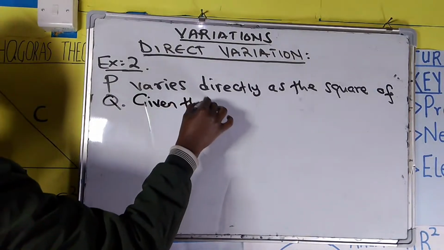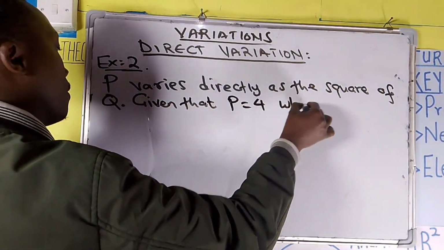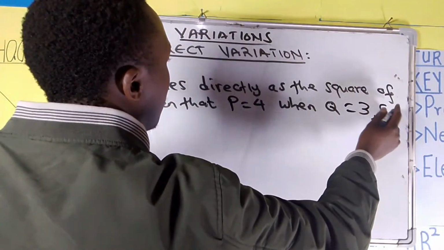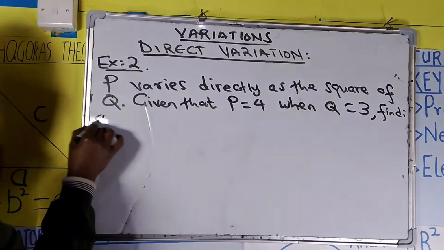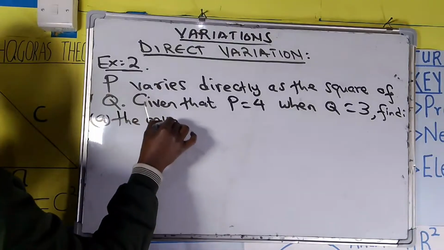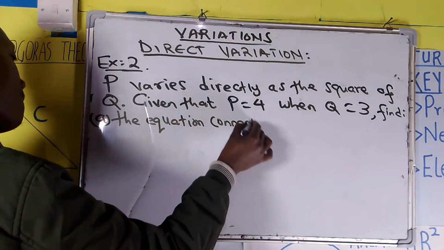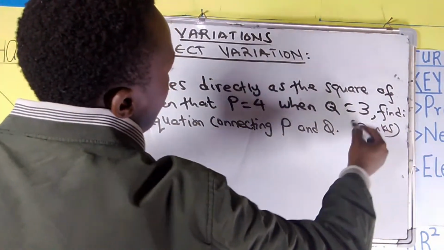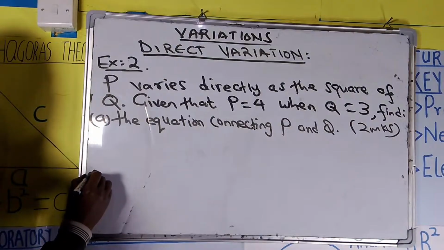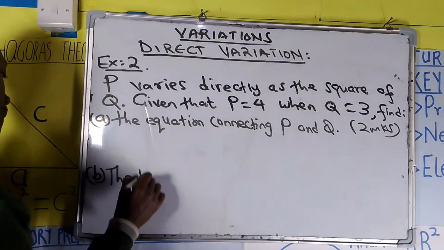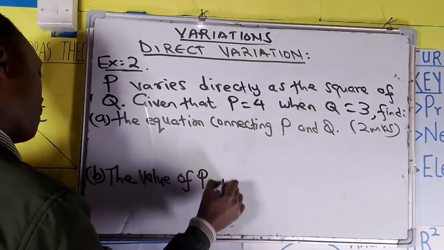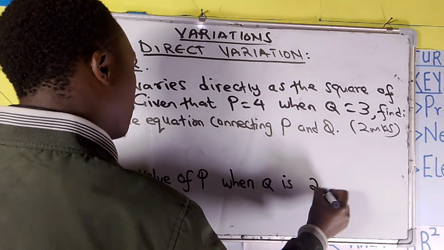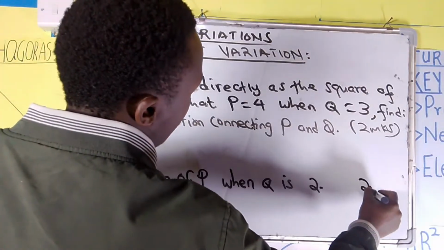Given that P is equal to 4 when Q is equal to 3, find: A, the equation connecting P and Q, 2 marks, and B, the value of P when Q is 2, two marks.